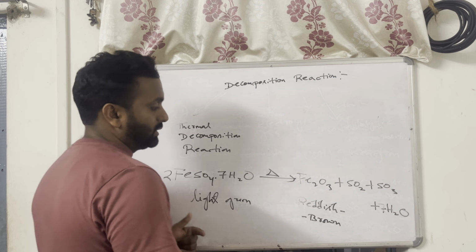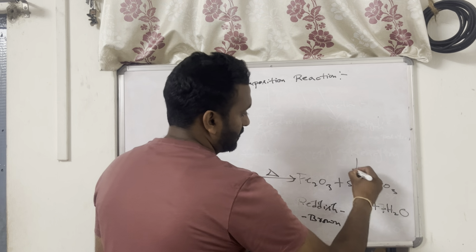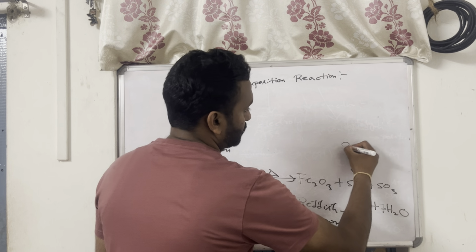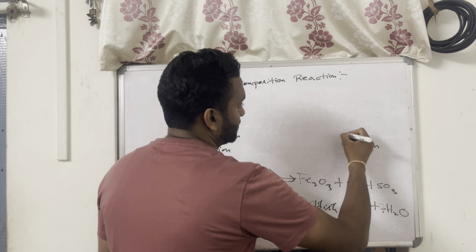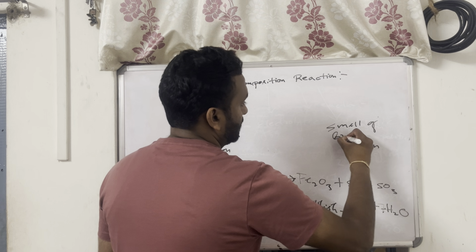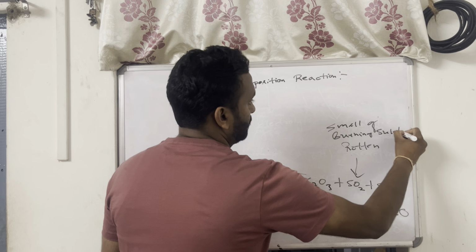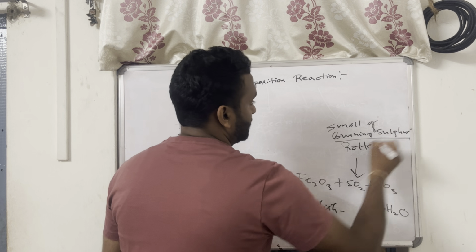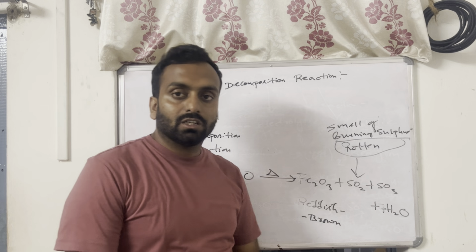And one more thing, sulfur dioxide smells like what? It smells like rotten egg. We often call it the smell of burning sulfur, and you can also relate it to the burning of rotten egg.